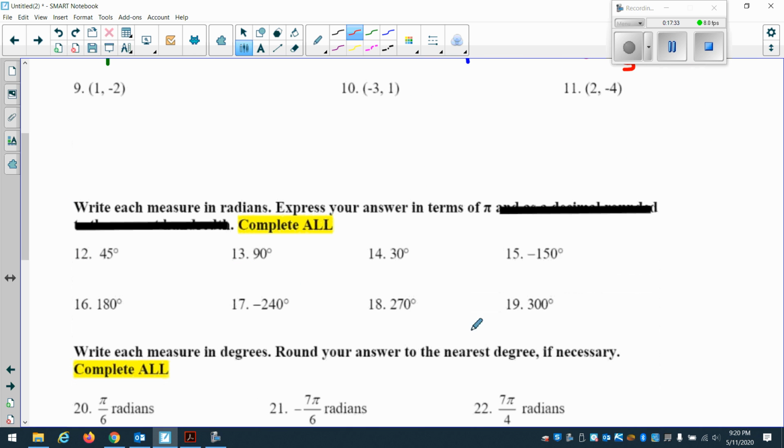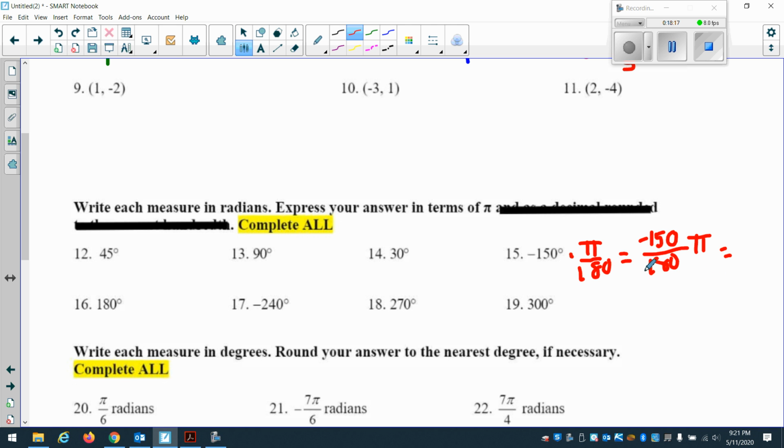So for this next section, all you're doing is measuring in radians. You're literally converting it. It doesn't matter if it's negative, positive, whatever it might be. You are just converting it in radians. So for example, 15, it's negative 150. So since I need to convert it to radians, I'm going to have pi over 180. And again, remember this, you're just literally tacking on pi. So we have 150 over 180 pi, and you want to reduce.